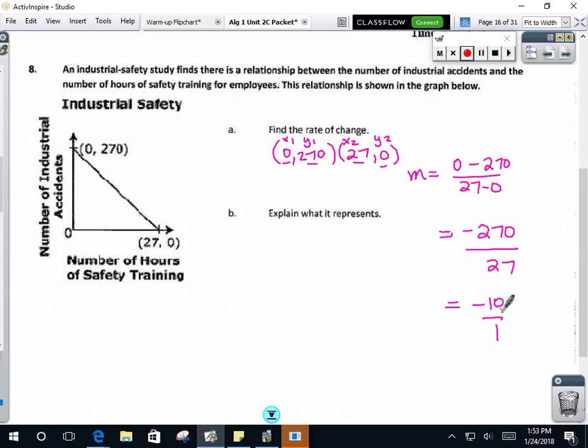Can anybody tell me what that negative 10 over 1 represents in this scenario? Okay, 10 is accidents, and that 1 is hours. So what does that mean?